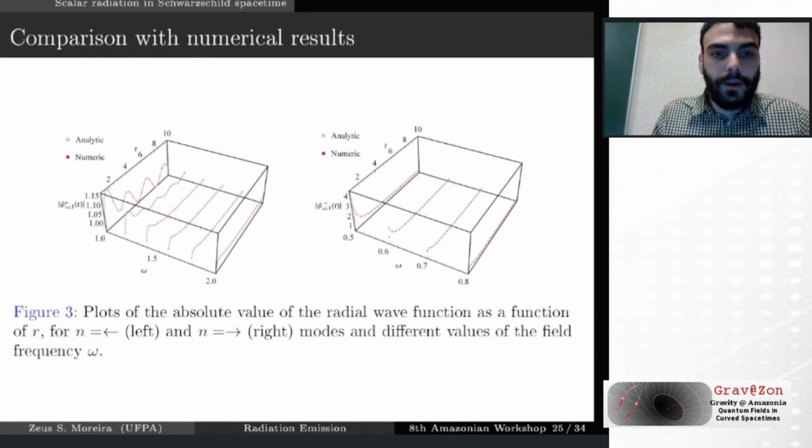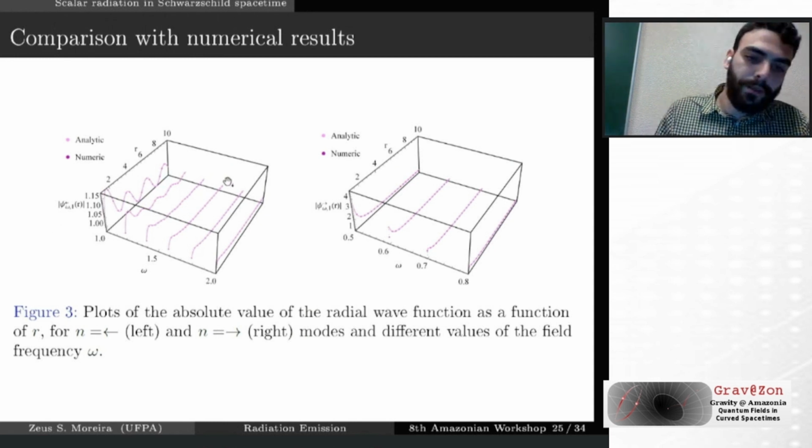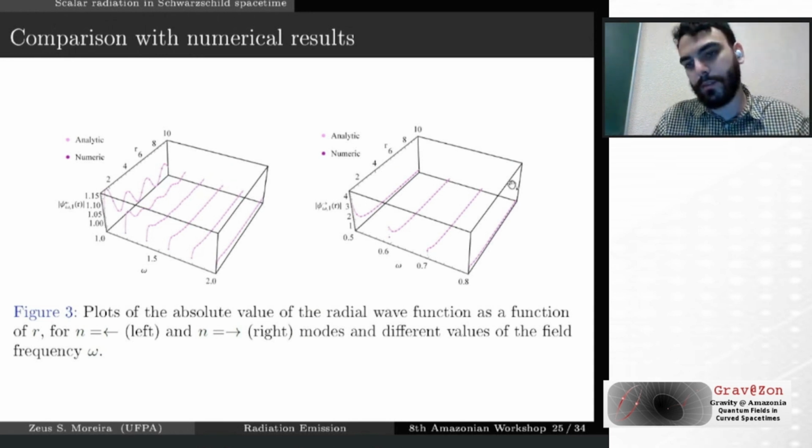Okay, so here we have a plot of the radial modes, rather the absolute value of the radial modes for L equals 1 for different values of the frequency in terms of the radial coordinate as well. The left panel is related to the modes that came from infinity, on the right modes that came from the horizon.